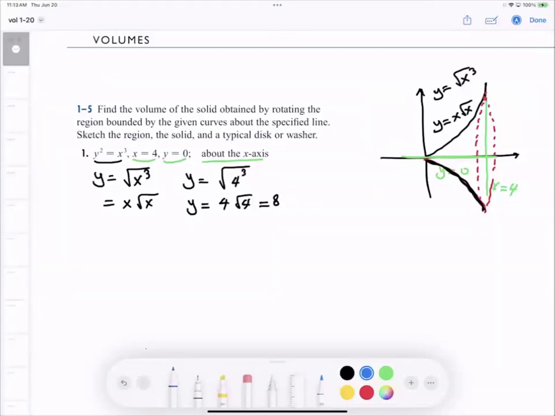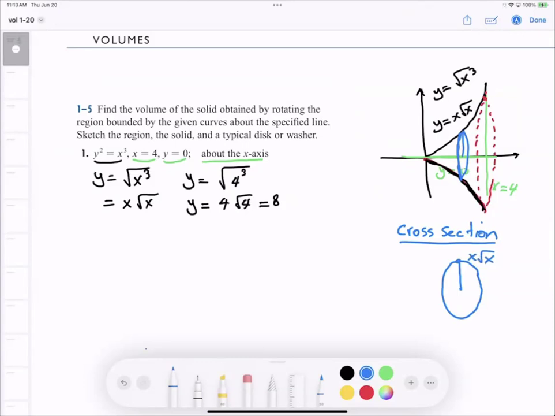If you think about the cross section, a typical cross section is located here, am I right? This is just a disk. And your radius is located on x times the square root of x, or the square root of x cubed, right?